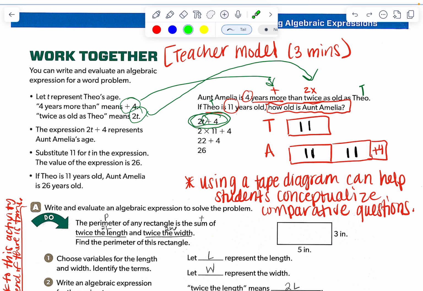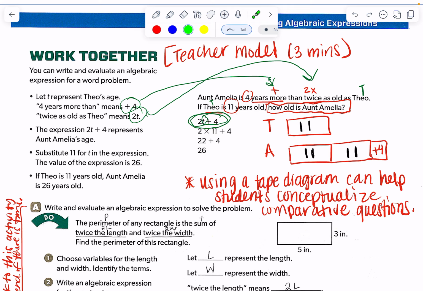Just like yesterday, you can use a tape diagram to help students conceptualize comparative questions. So we know that Theo is some age, and we know that Aunt Amelia is 2 times his age. So there's 1 time, and then there's 2 times his age. But then she has an additional 4 years over that.